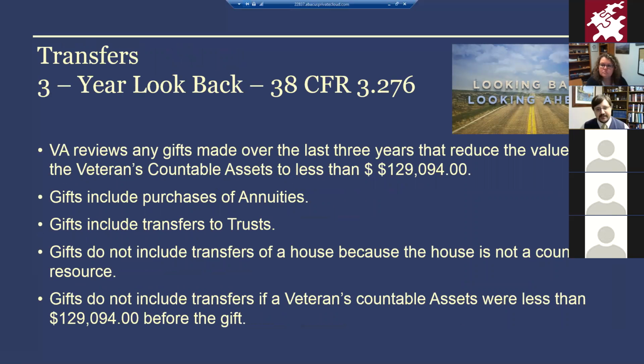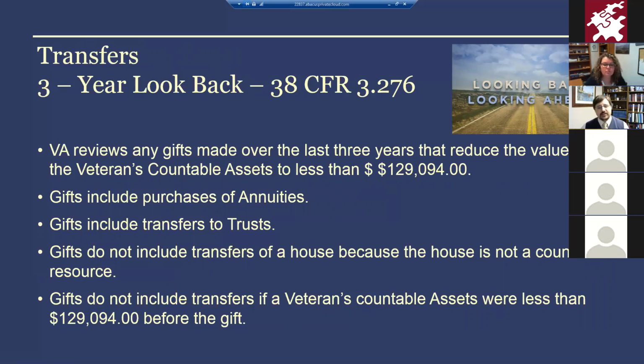It's found in 38 CFR 3.276 if you've got some reading time. What it says is that the VA reviews any gifts made over the last 3 years that reduce the value of the veteran's countable assets to less than $129,094. That includes purchase of annuities and trusts, but it doesn't include transfers of a house because the house was not a countable resource to begin with.